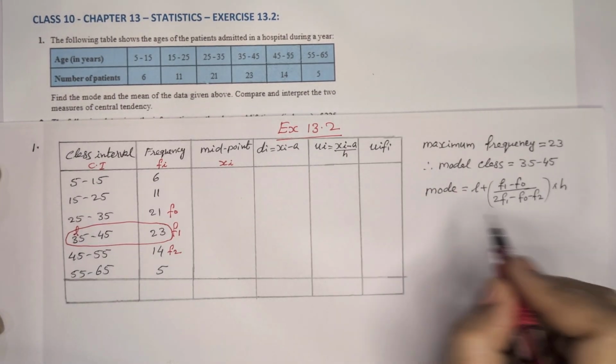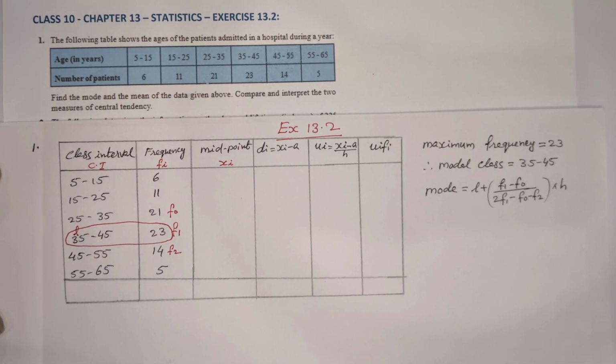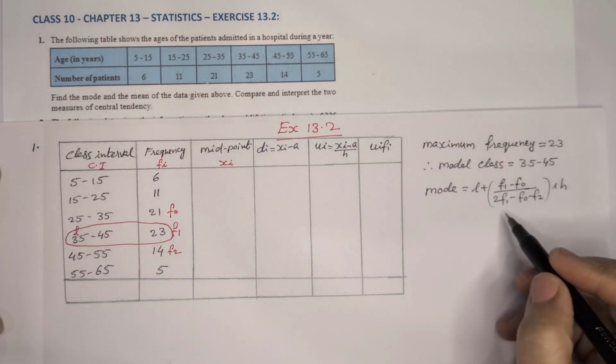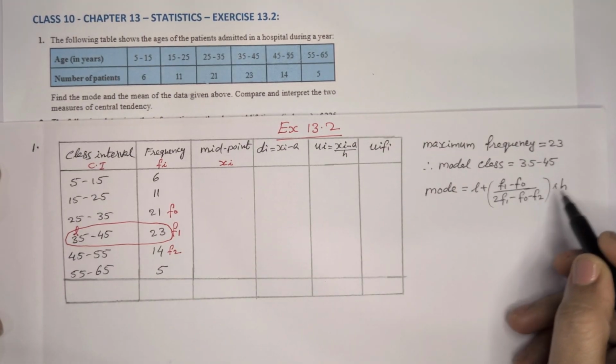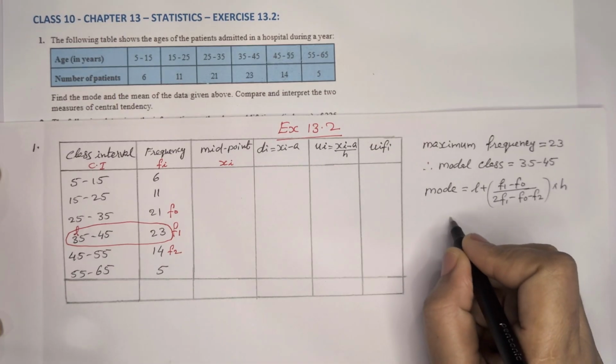We know the formula: mode is equal to L plus f1 minus f0 by 2 f1 minus f0 minus f2, into h. We can put the values here.